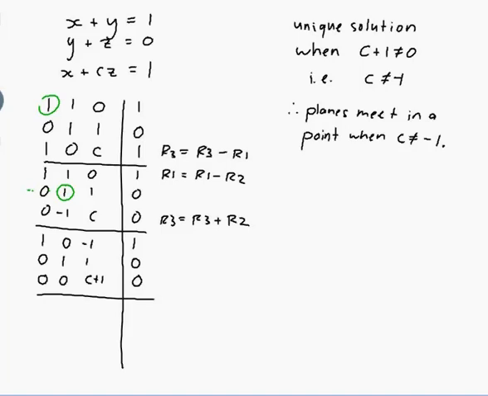So there's infinitely many solutions: one free variable when c is equal to minus 1.